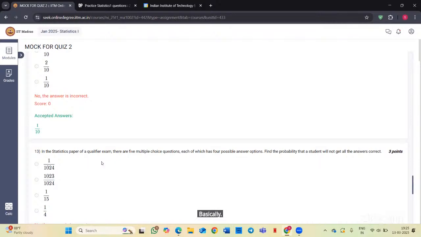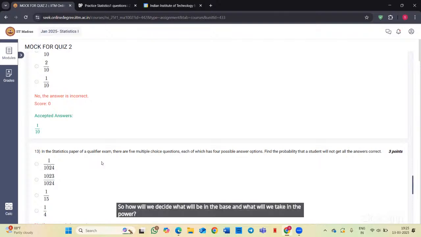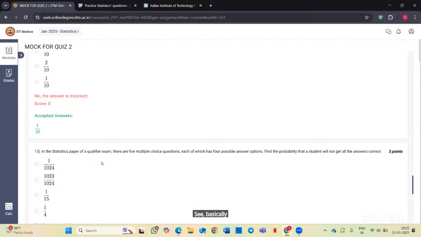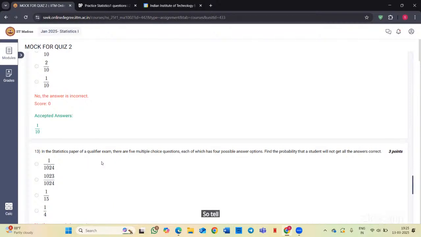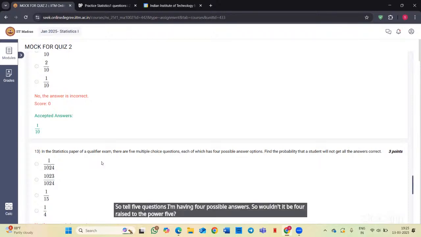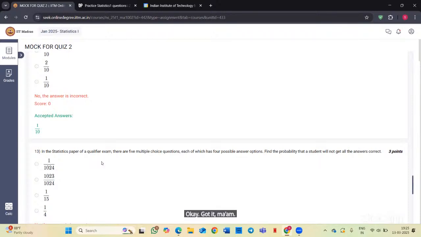So how will we decide what will be in the base and what in the power? See, the first question has 4 possible answers, right? In the second question also, I have 4 possible answers. In the third question also, 4 possible answers. So till 5 questions, I'm having 4 possible answers. So wouldn't it be 4 raised to the power 5? Got it, ma'am. Yes, ma'am. Thank you.